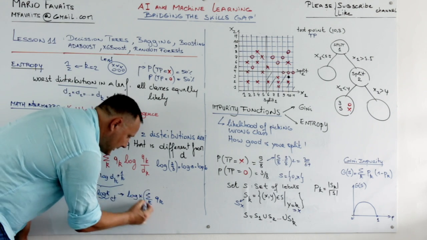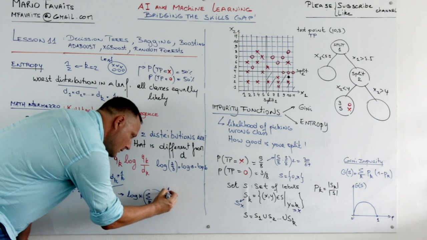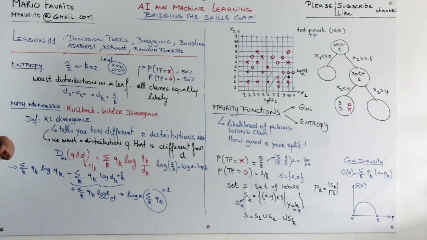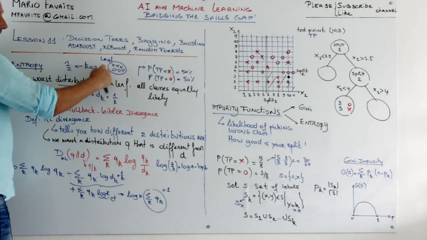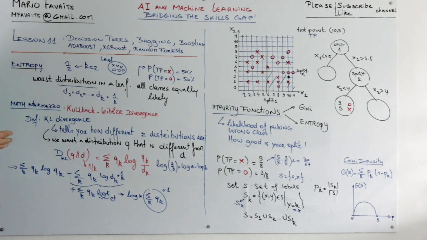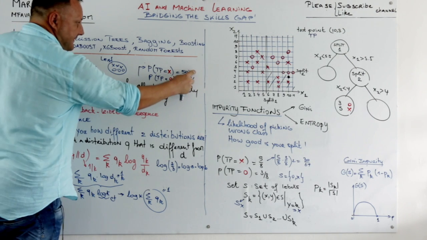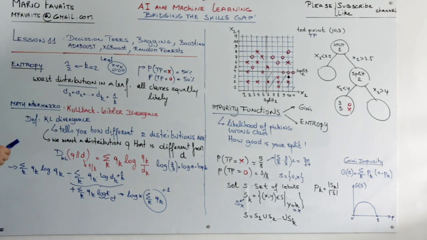So this is equal to 1. That's how a distribution is defined. The sum over all classes, like here, you're going to have 1, because 50% plus 50% is 1.